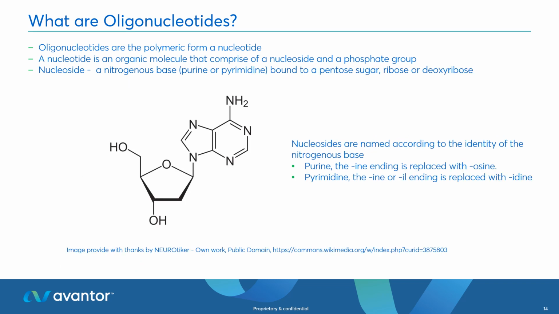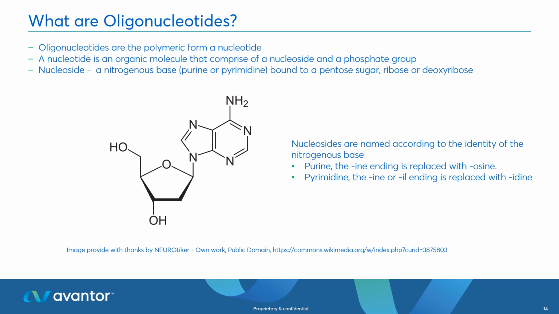In terms of the naming of the compounds that form a nucleotide, the nucleoside is the basic building block. There are two forms: purines and pyrimidines. If the compound contains a purine, then the ending is replaced with -osine. If it contains a pyrimidine, then the ending is replaced with -idine.